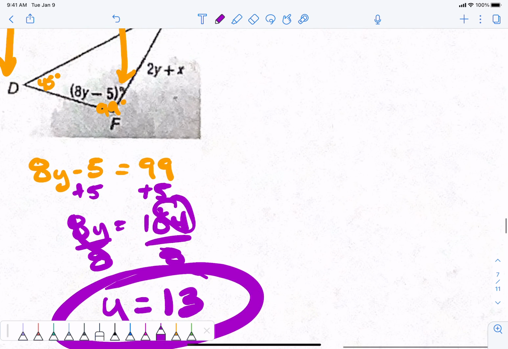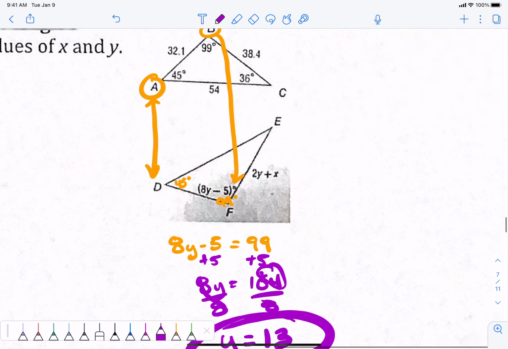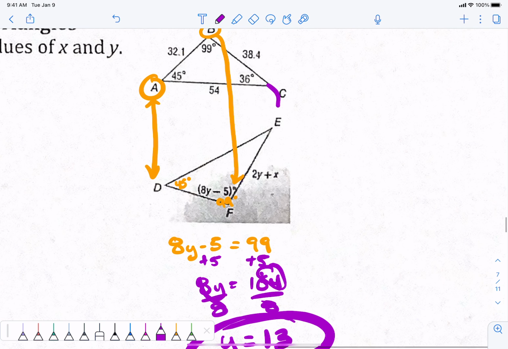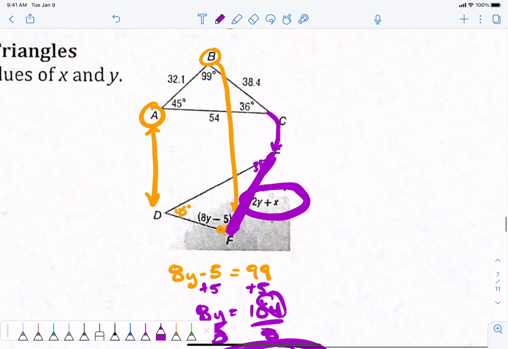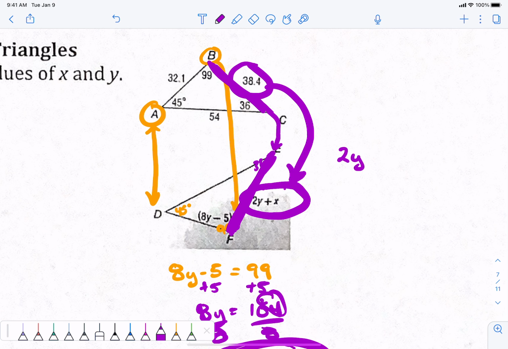Okay. All right, now we have to solve for x, okay? So this C has to go with E, so this would be 36 degrees also. 2y plus x is referring to this side right here, okay? What's this side going to be? 38.4. We get that from the top diagram. So this is the same as this, okay? So we would say 2y plus x equals 38.4.